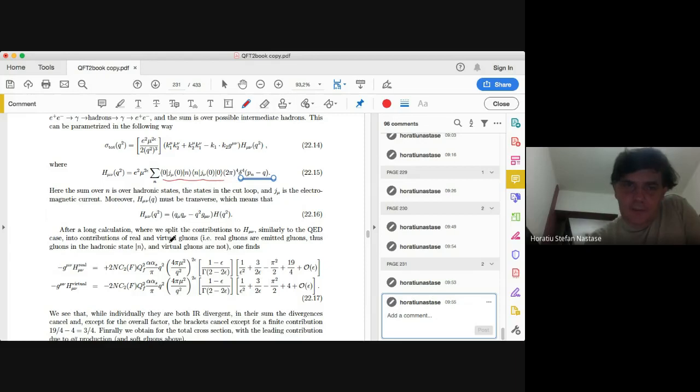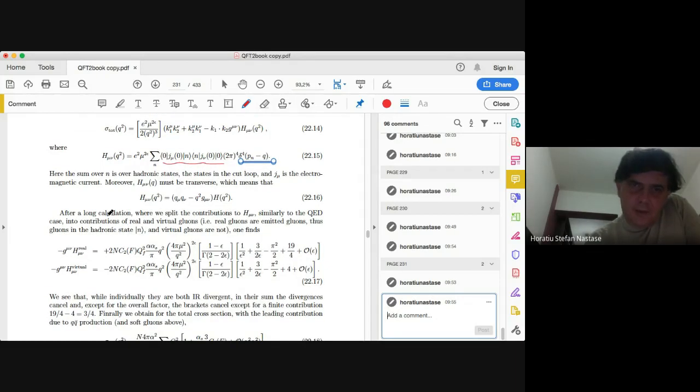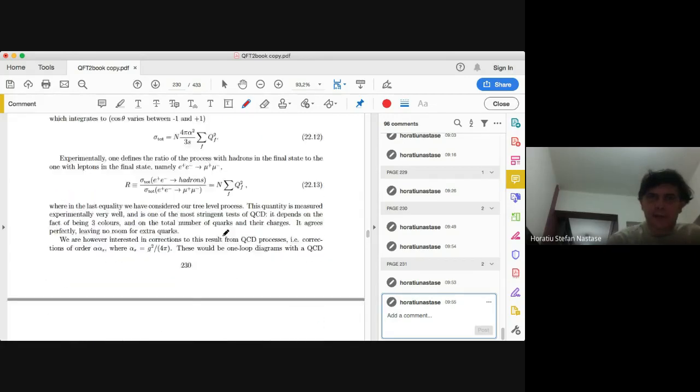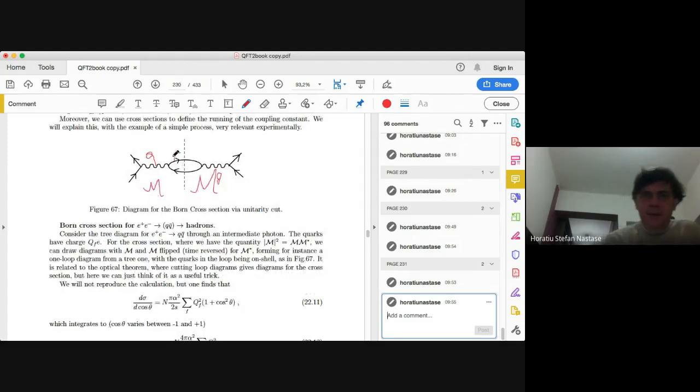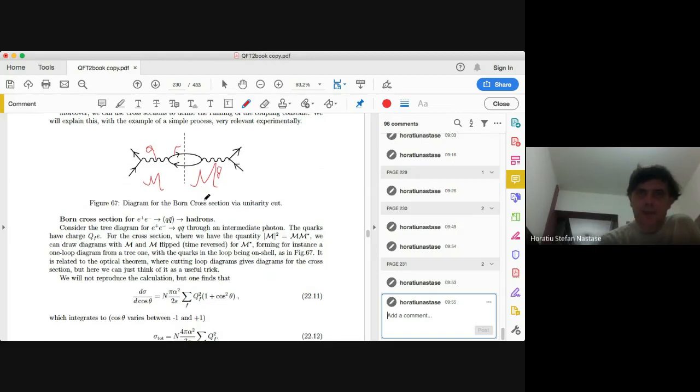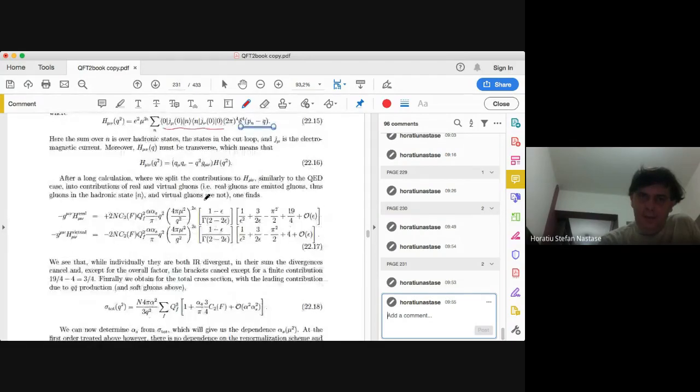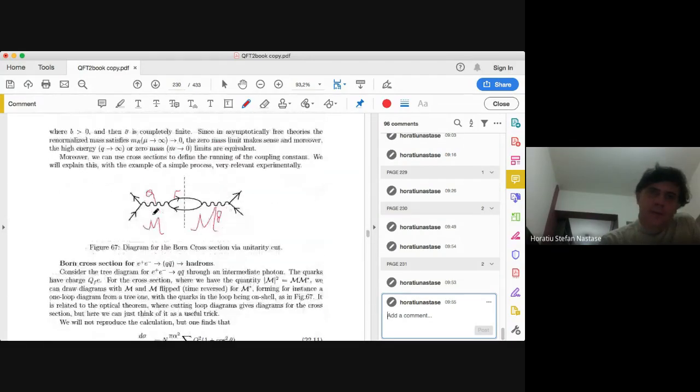Now, there's a long calculation for the total cross section, similar to the ones done in QED, where, as I said, we can add a loop to the amplitude M. There are very many diagrams, but I can add a loop here to M, and correspondingly also to M star, and calculate this two-loop result, but that will be infrared divergent.